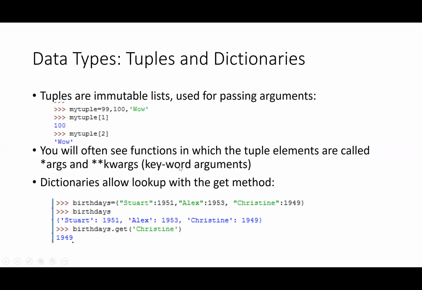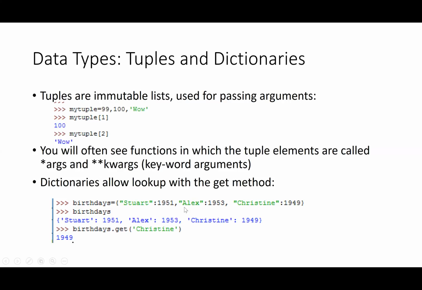Another type of list in Python, like a tuple, is a dictionary. This is a list in which the entries are paired. Now, notice to define a dictionary, I'm now using curly braces, and I now have, as each entry in the tuple, a pair of variables. So I've got a pair of constants. I've got the first one, Stuart, and then a colon, and the second one associated with it.